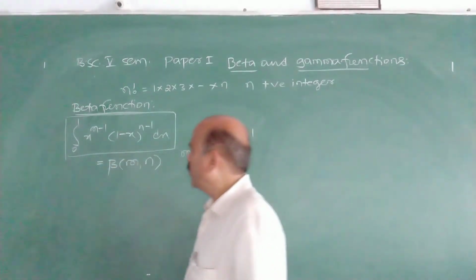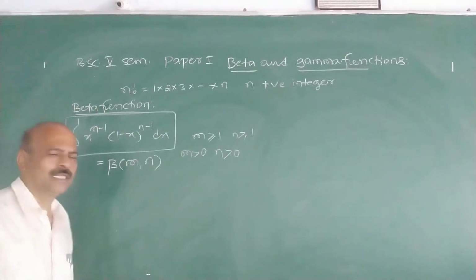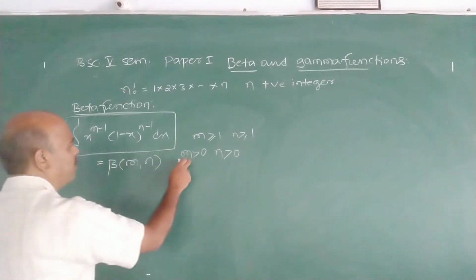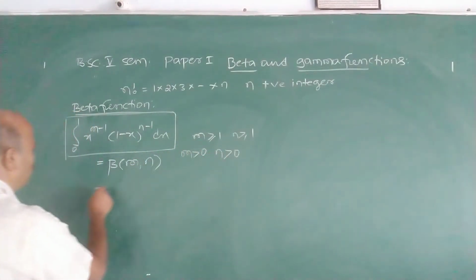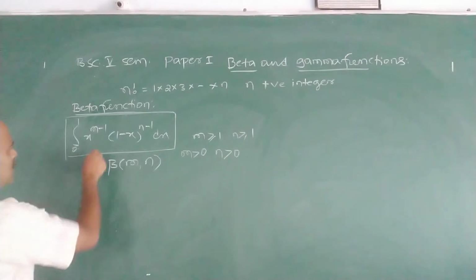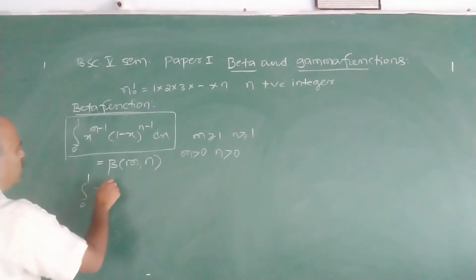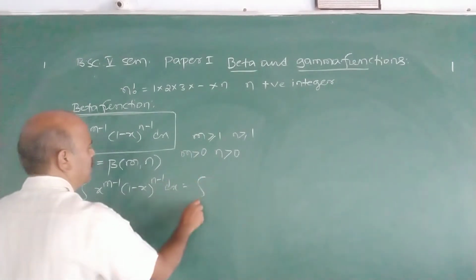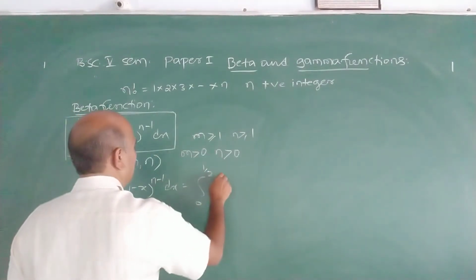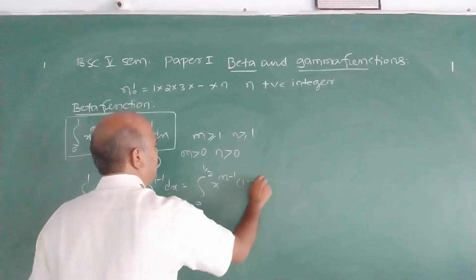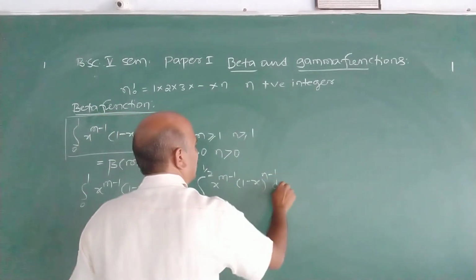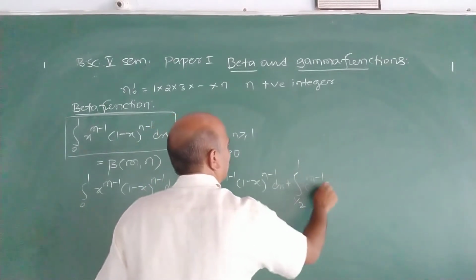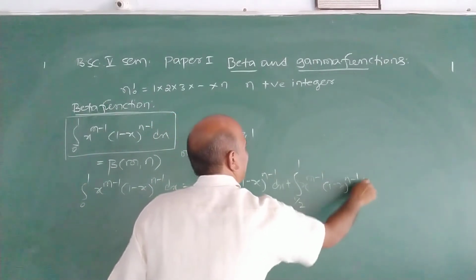Now we discuss the convergence of this, or I prove that this converges if m is greater than 0 and n is greater than 0. Since 0 and 1 are both points of discontinuity, I write the integral as the integral from 0 to half plus the integral from half to 1 of x raised to m minus 1 times 1 minus x raised to n minus 1.